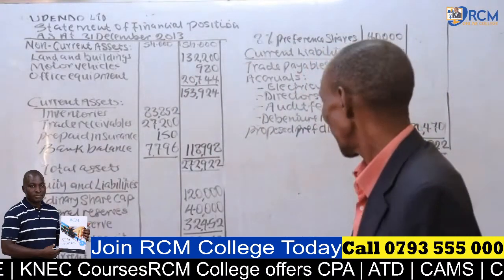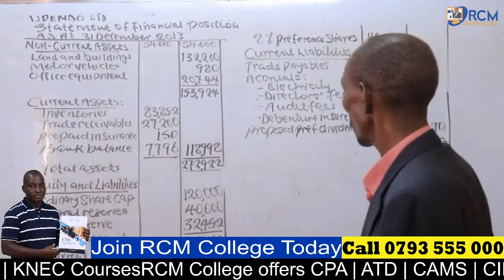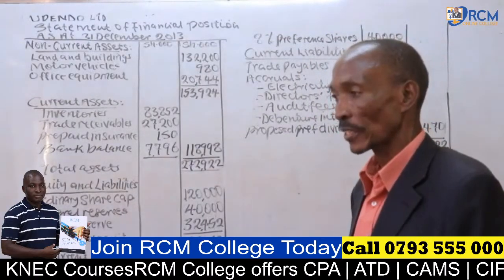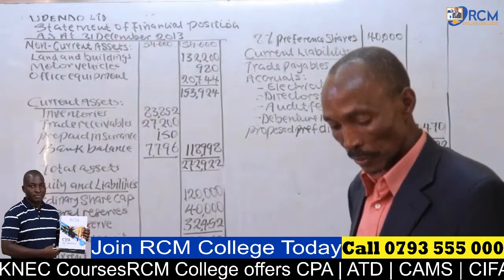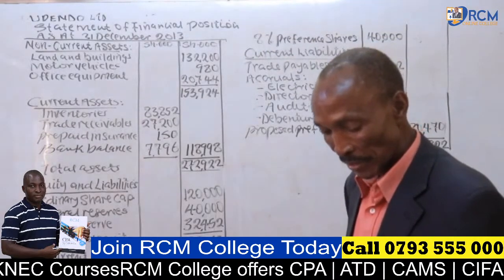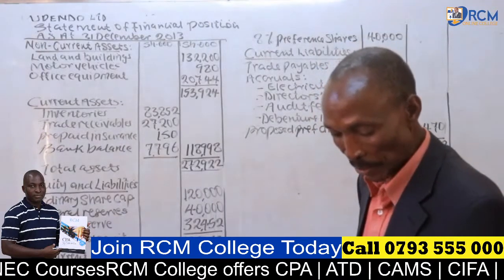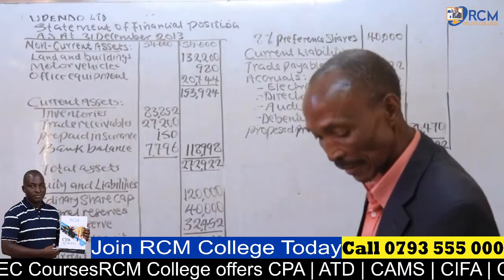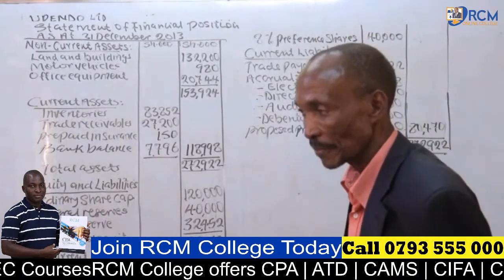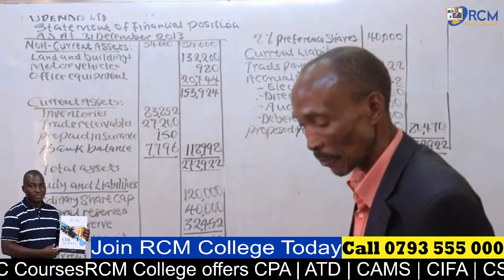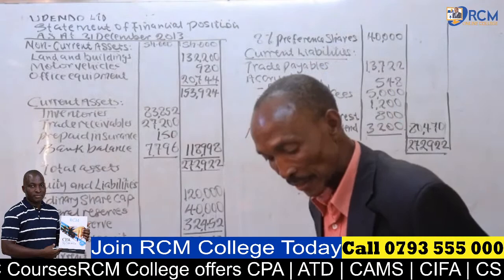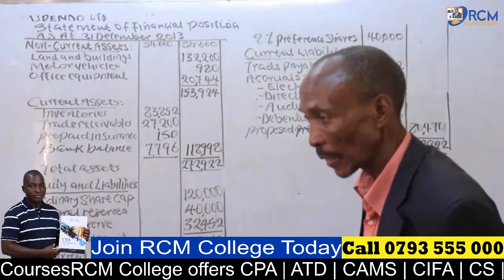Total equity plus liabilities is 272,922. So this itself demonstrates that it's quite possible for you to work out such a problem and balance it. Yes, you can work out this kind of question and balance it.